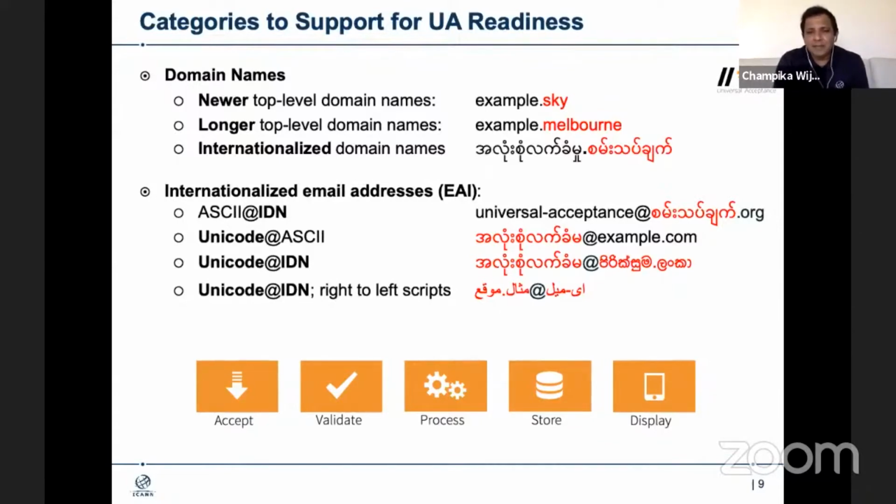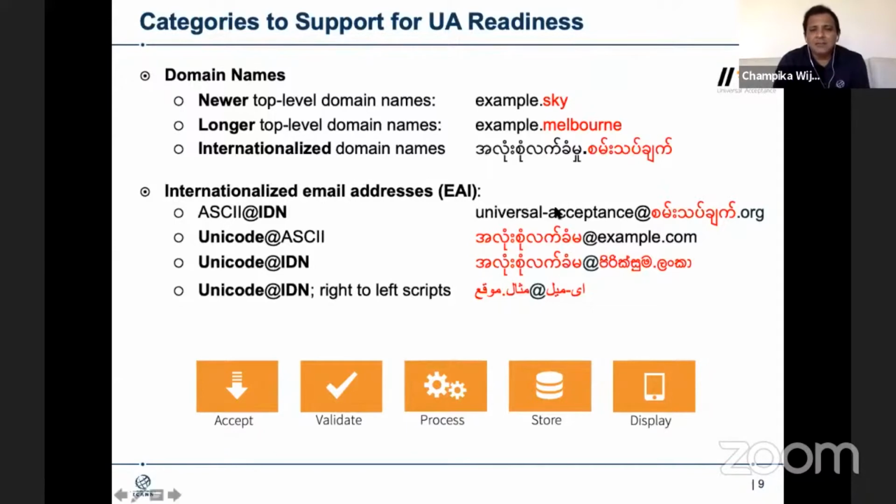Now, in terms of domain names, there are new top-level domains like example.sky. This is not a traditional .com type domain. It is a 3-letter TLD, but still a new top-level domain. And if you take example.melbourne, the top-level domain is a longer TLD. And again, if you see this one, this is in Myanmar characters, universal acceptance.test. So this is again in your local language script.